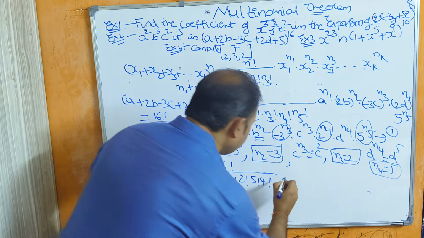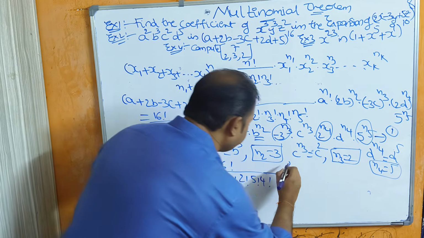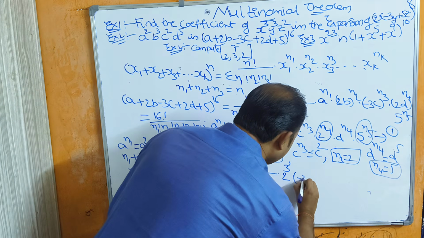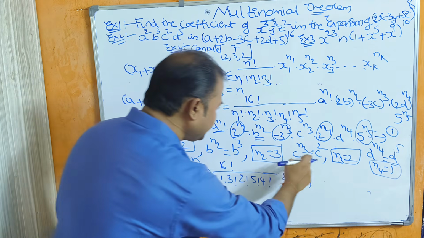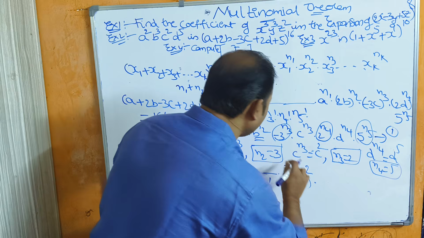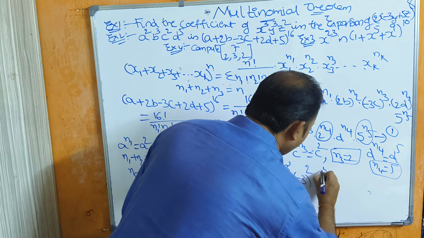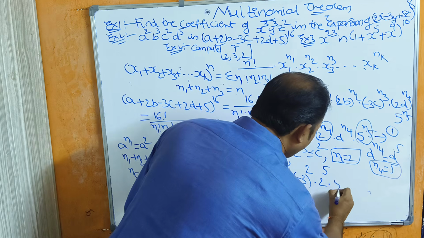2 power n2. So 2 power, what is n2? 3. So 2 power 3 into minus 3 power n3. What is n3? n3 value is 2, into 2 power n4. What is the n4 value? 5. So 2 power 5 into 5 power n5.